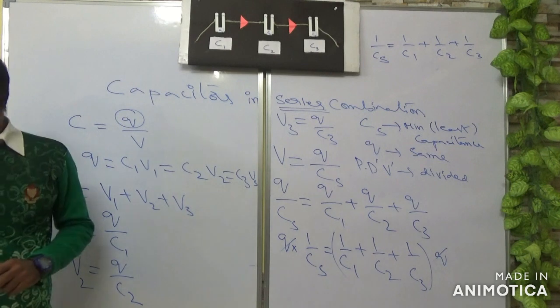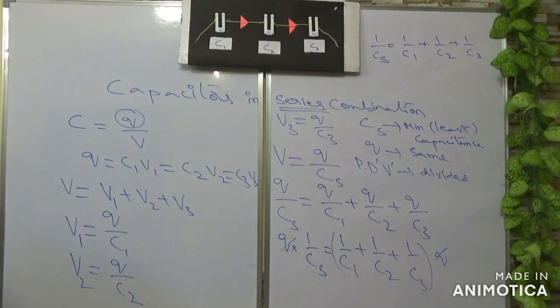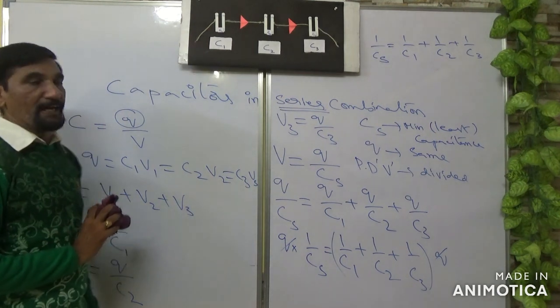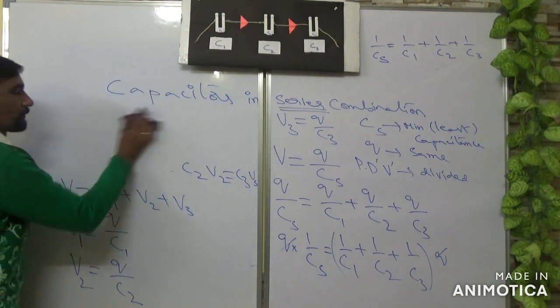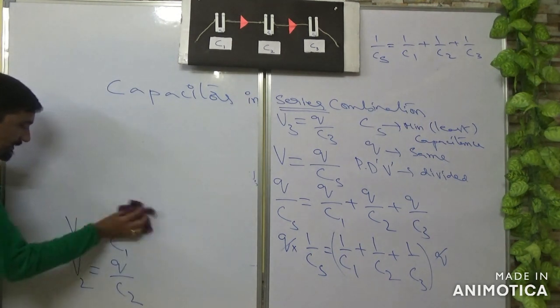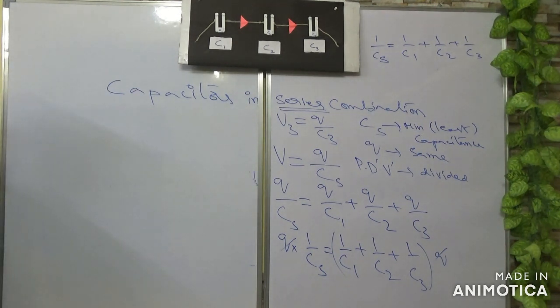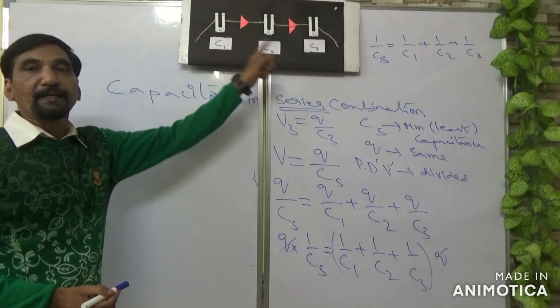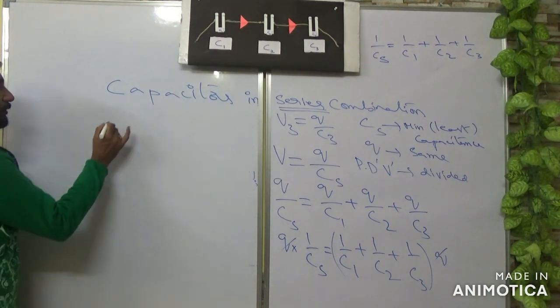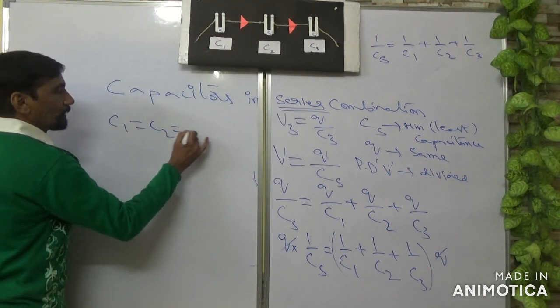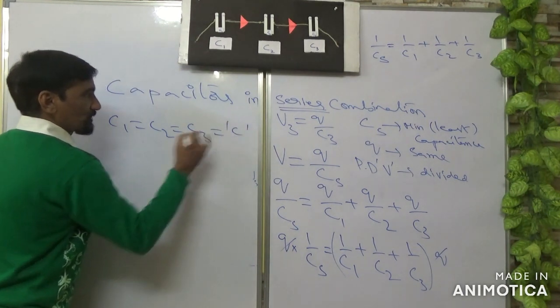Okay? Suppose you have taken identical capacitors. Say the capacitors are having equal capacitance, right? So C1 equal to C2 equal to C3 now. That is in case of identical capacitors, all are having equal capacitance, right?